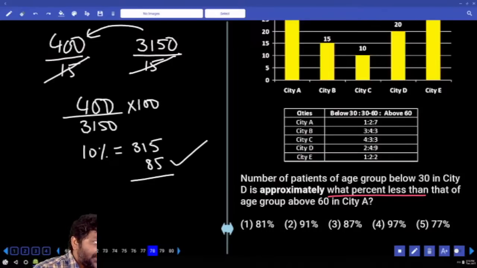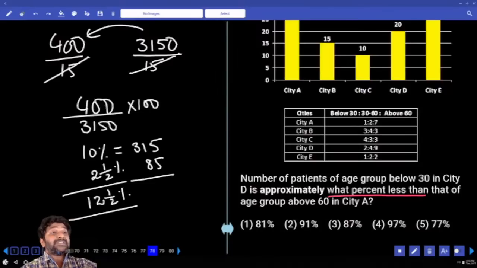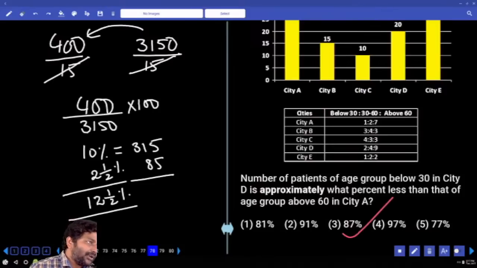This is less than 3% but more than 2%. Approximately, can I treat it as 2.5%? Then what percent is it? Come on. If it is 12.5%, how much percentage less is it? 87.5. The answer should be close to that. How many options are there? Only one. Done.